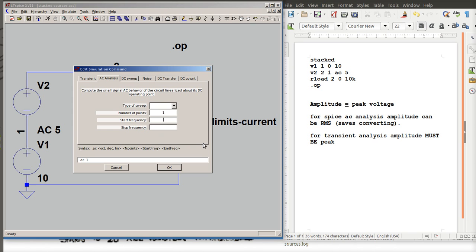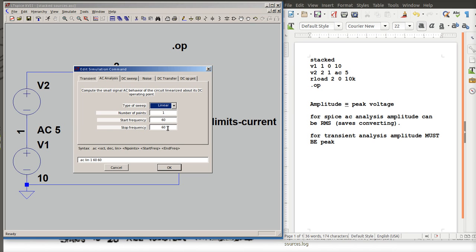And if you're ever not given a frequency in my class, generally in the USA, assume it's 60 because that's the most common. You have to choose a sweep type, linear. So a linear sweep type with 1 point between 60 hertz and 60 hertz.